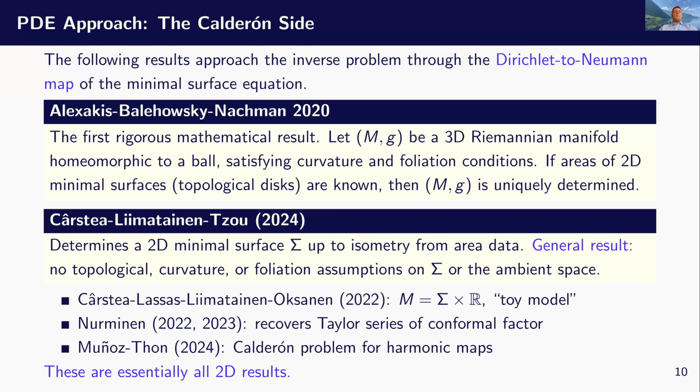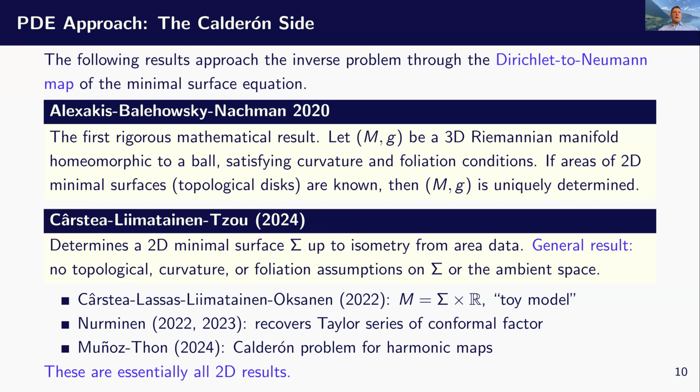Other results: there's a paper by Katalin, Matti Lassas, me, and Lauri Oksanen, where we studied this toy model. This toy model is a cylinder. The analysis is quite simple. Some papers by Janne Nurminen from 22 or 23, and he was able to recover Taylor series of the conformal factor of the metric in certain situations.